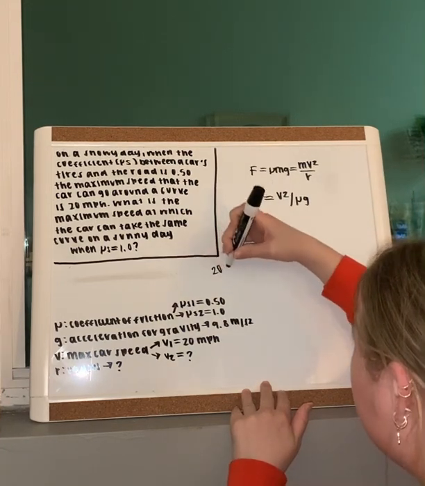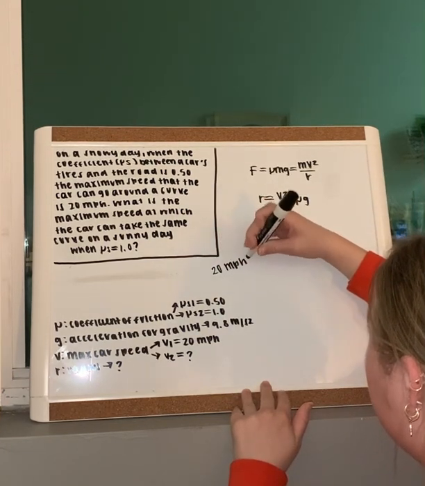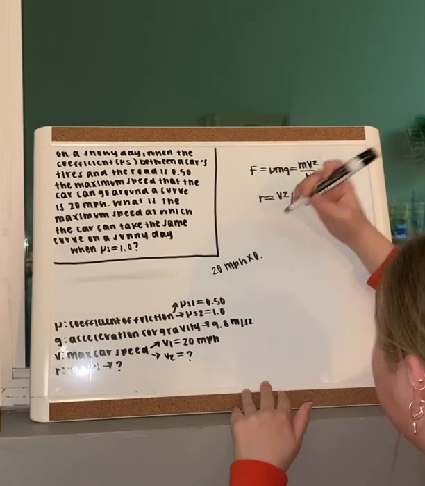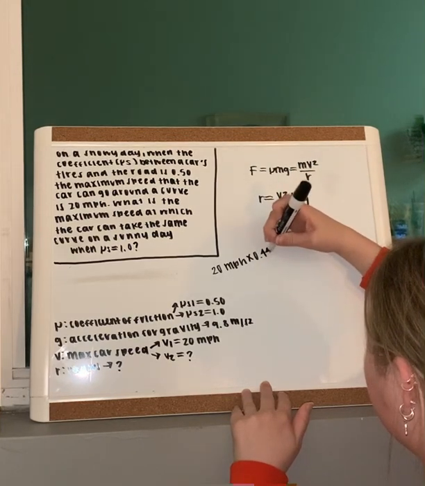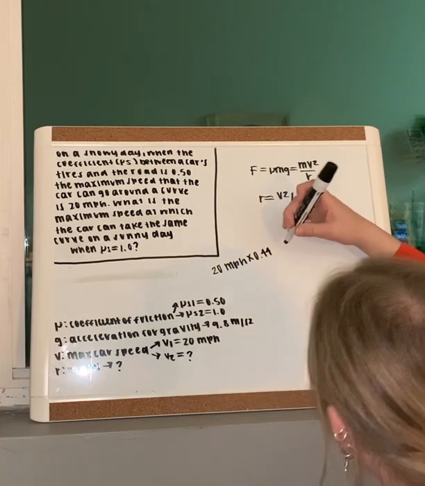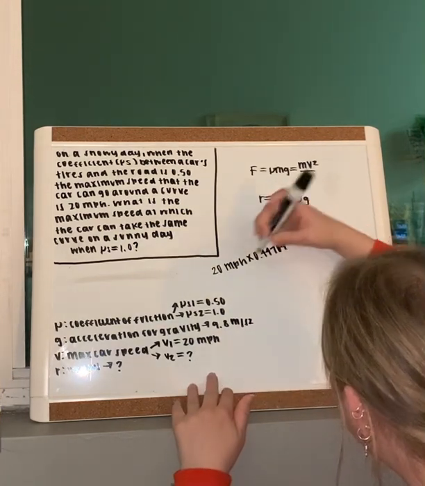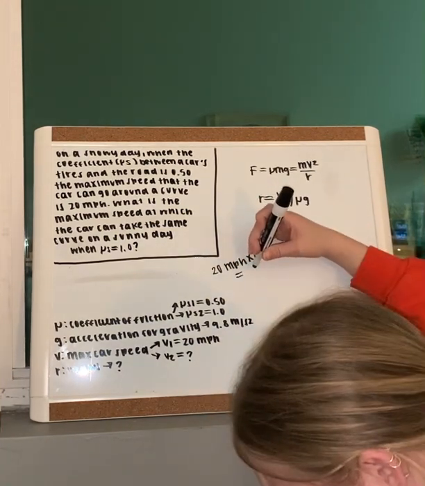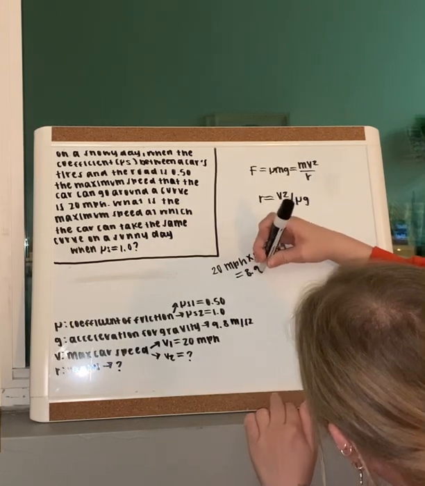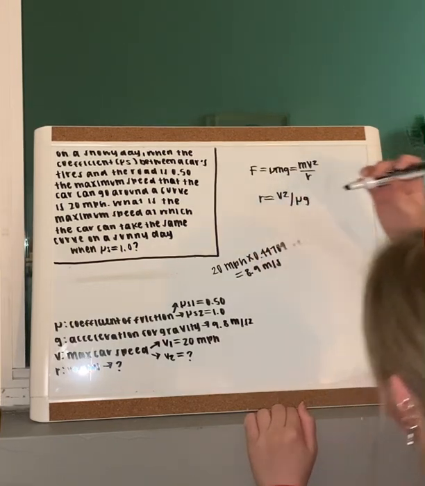So we're going to have 20 miles per hour, and we're going to multiply that value by 0.044704. And that's going to get us to 8.9 meters per second.